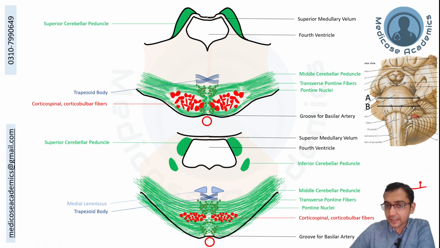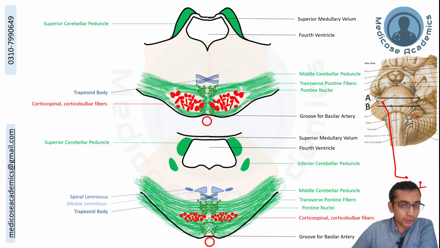It started in the spinal cord, crossed the midline, and came all the way up. It is present lateral to the medial lemniscus, so you will see it right here. Additionally, some books also add the trigeminal lemniscus.